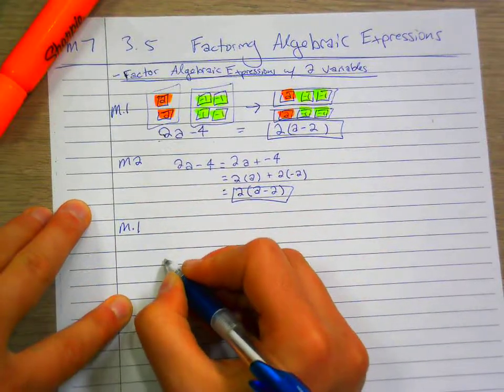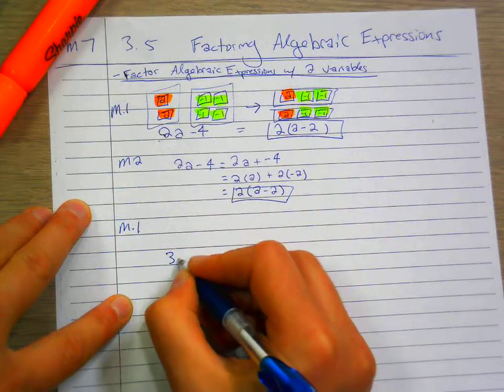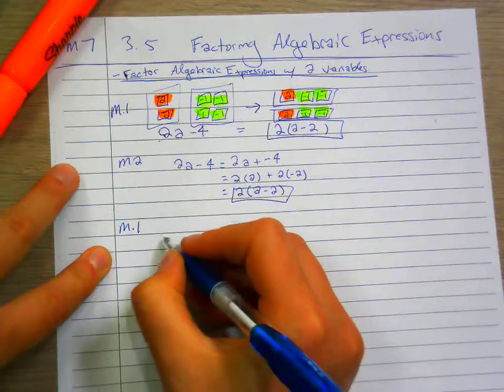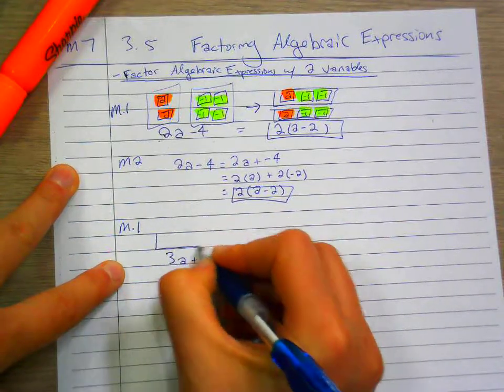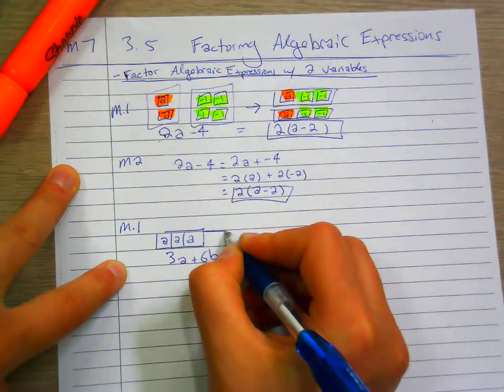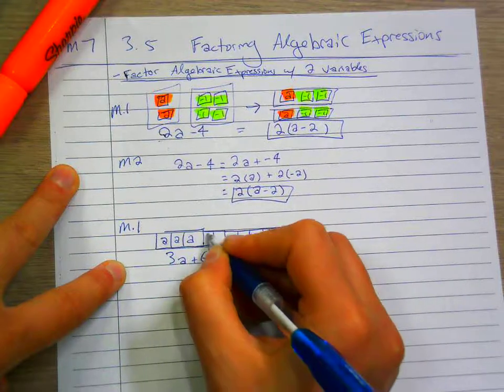Let's try this with another one. Method 1, and it says 3a plus 6b. So to represent that, we could say 1, 2, 3 a's. 1, 2, 3, 4, 5, 6 b's.